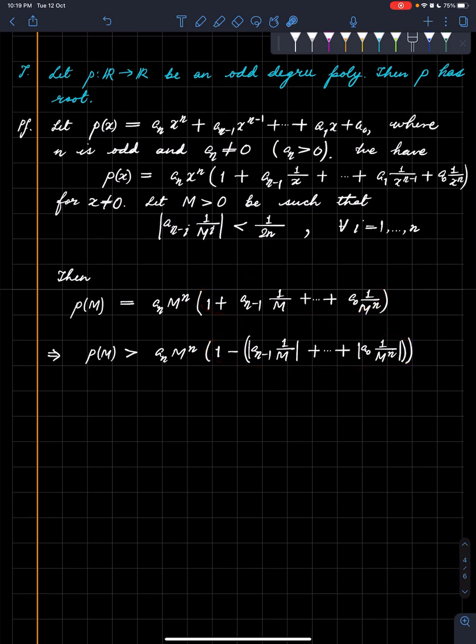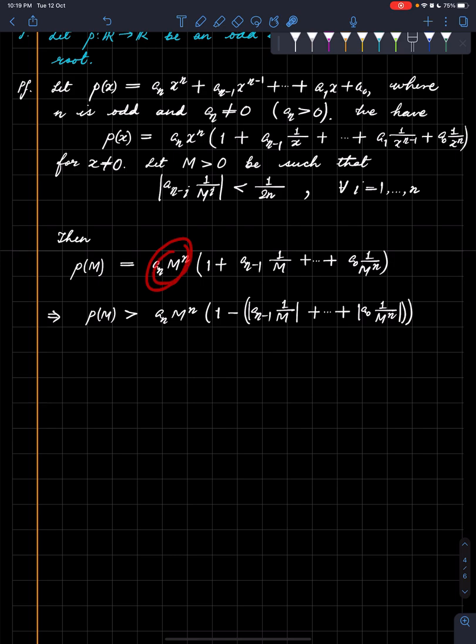Nothing big going on there. And since this is a positive number, we have already assumed that a_n is positive, this does not change the sign. Alright, so we have this inequality, and now this thing is greater than 1 minus 1 upon 2n dot 1 upon 2n.